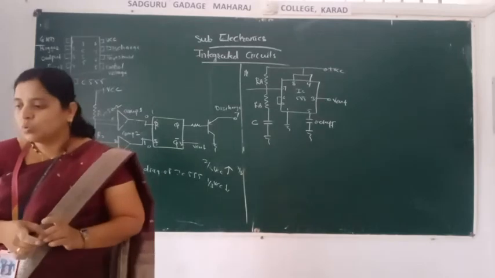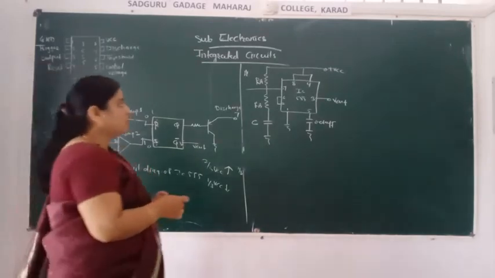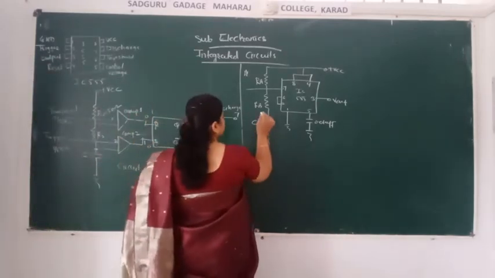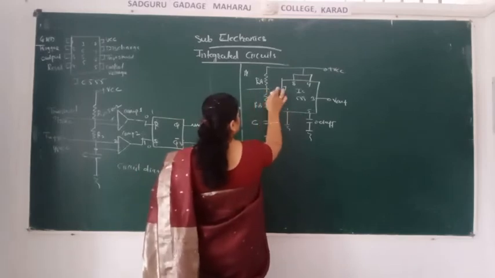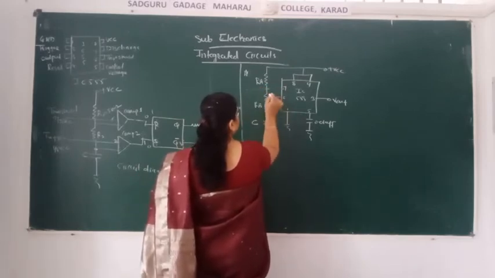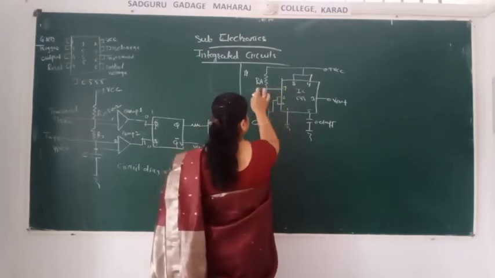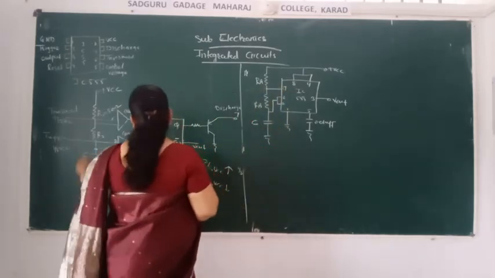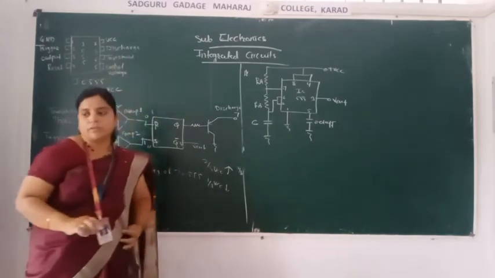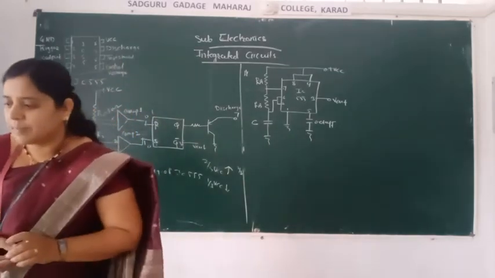Pin number 7, the discharging pin, is connected between the two resistors. This connection is the only thing that changes between the monostable and astable multivibrator. In the astable multivibrator, 2 resistors and 1 capacitor are used.